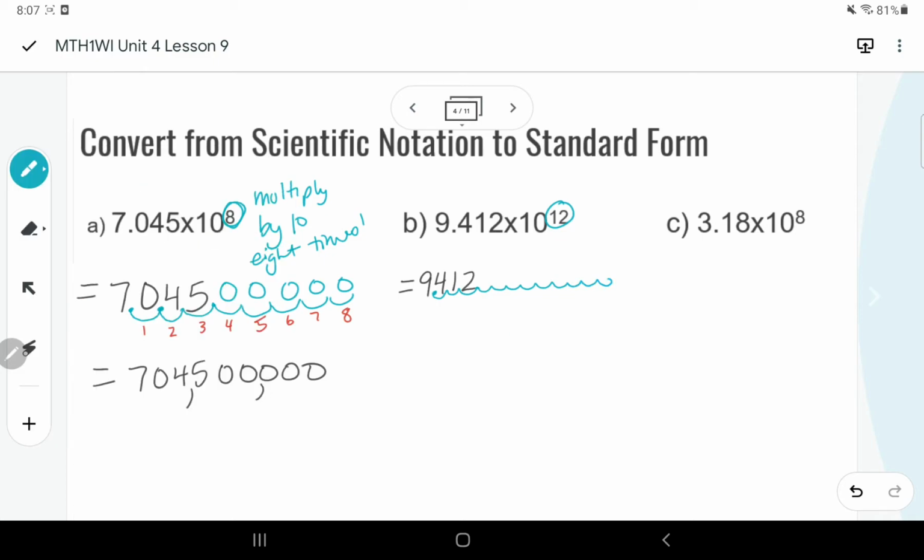So that would add on 1, 2, 3, 4, 5, 6, 7, 8, 9 zeros, plus the 3 steps to get past those decimals. And then my final answer would be this 9412 followed by nine zeros. So a really, really big number. What's that? 9 trillion, I think.